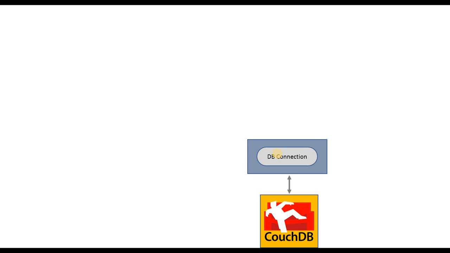The programs in the other modules will not directly open a connection to CouchDB. Instead, they will send a request to this DB connection layer for opening a connection. For closing the connection, once again they will send a request to this DB connection layer.